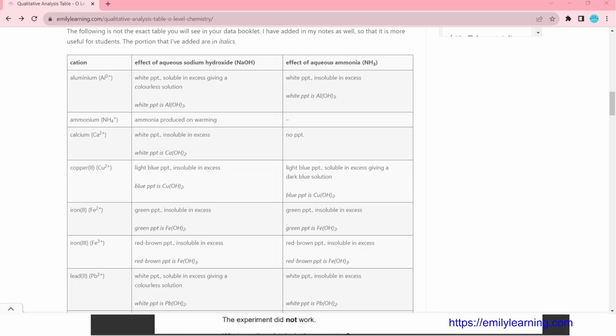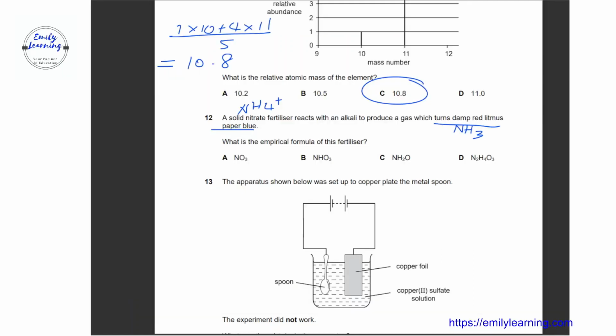Based on this, we know that the ion that results in ammonia gas being produced is ammonium. We are also told that there is nitrate present in the fertilizer. So this fertilizer contains ammonium and nitrate, and therefore it is ammonium nitrate, NH4NO3.